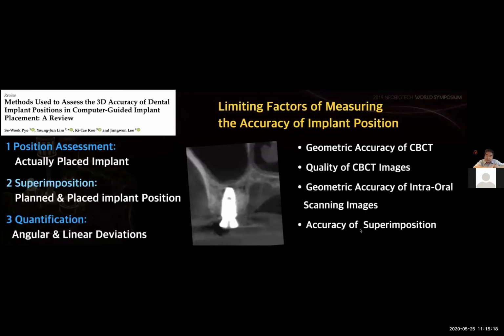The main reason I'm explaining how to measure and compare the accuracy of implant guide systems is that the error depends on three main factors: the CBCT image, the accuracy of the intraoral scanning, and finally the superimposition. Those determine the error of our actual implant placement.